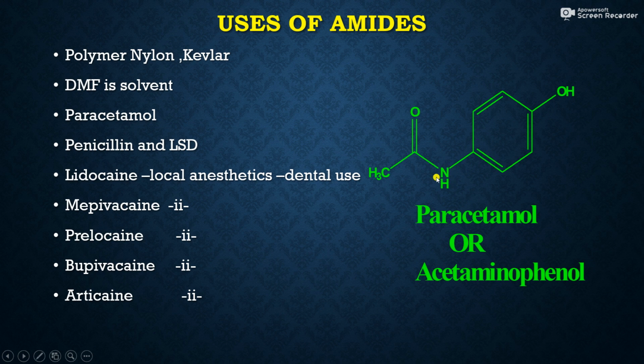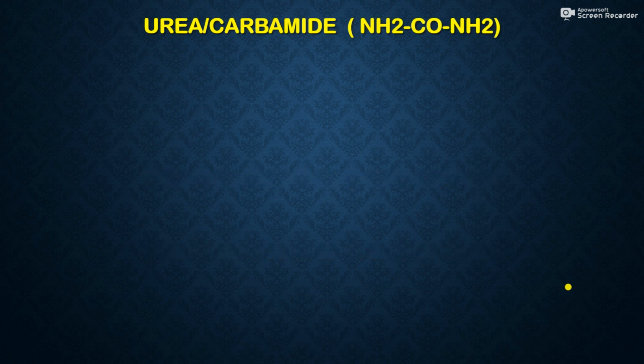One of the protons of the amino functional group present at the para position is replaced by an acetylation reaction using acetic anhydride, and thus this compound becomes paracetamol or acetaminophen, a very good drug in the antipyretic group.